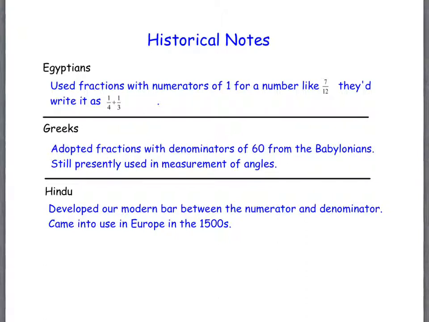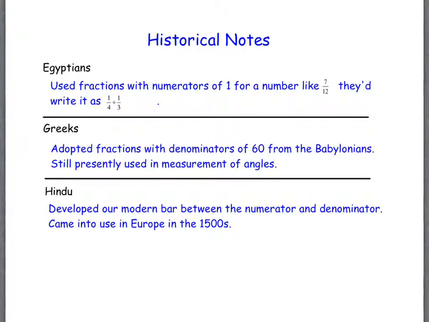Where else do you see units of 60 used in this sort of awkward way? What is it? Minutes. Minutes and seconds use this idea, right? So we have 60 seconds in 1 minute. We have 60 minutes in 1 hour. That kind of a fraction of a time length is often used with minutes and seconds.